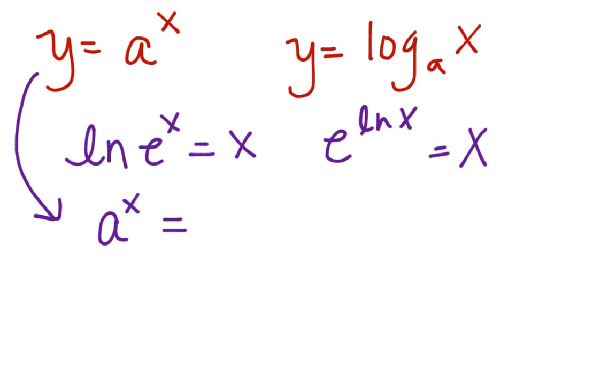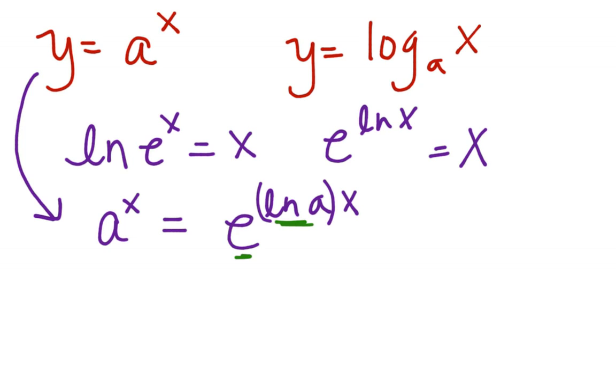So a to the x can be rewritten as e to the ln a times x, right? e to the ln a is just a, to the x power.